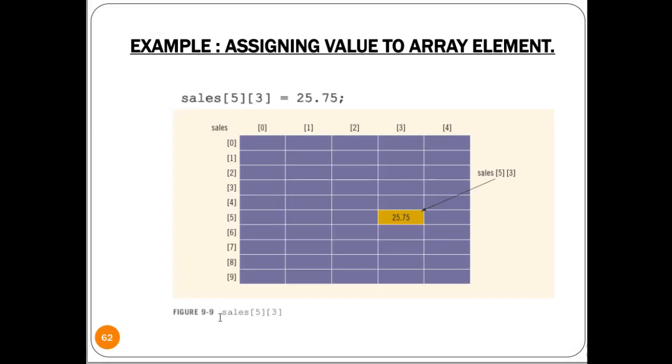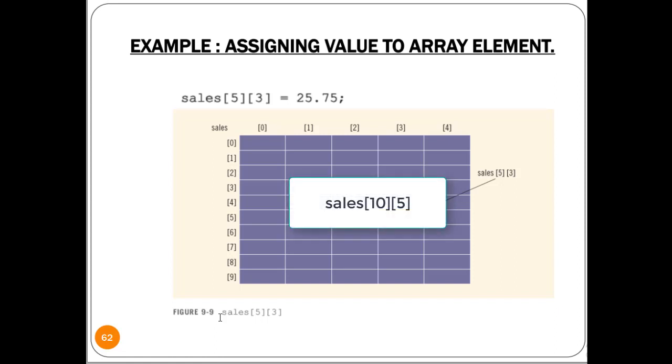This is an example of assigning a value to a 2D array. Let's say sales is a 2D array with row size 10 and column size 5. We want to assign the element at the 6th row and the 4th column with the value of 25.75.